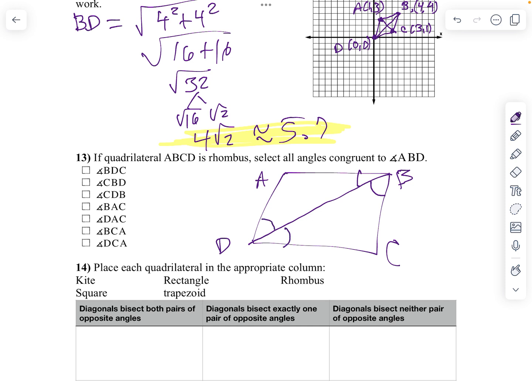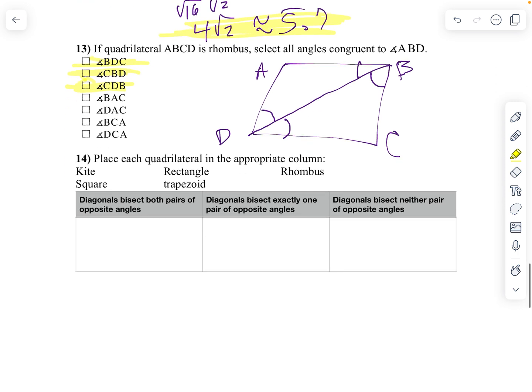So all these angles are congruent to ABD. So in other words, BDC, CBD, and CDB. But I don't have any information. It's not a square, so the angle A's and angle C's are not going to be congruent.